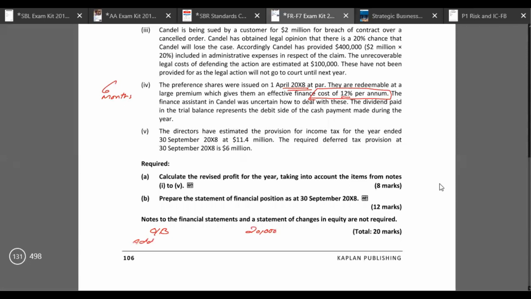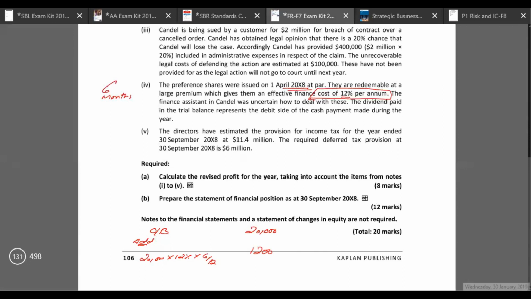And then you add the interest on it. 20,000 into 12% into 6 by 12, because now you have 6 months and the rate of interest is per annum. So you will be taking 20,000 into 0.12 into 6 divided by 12. It gives you 1,200.